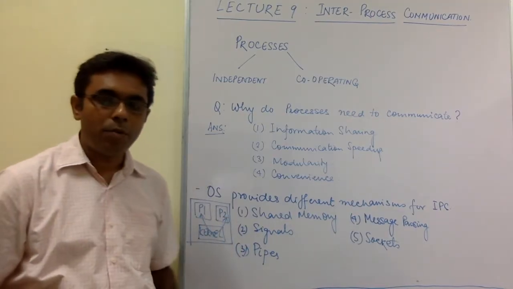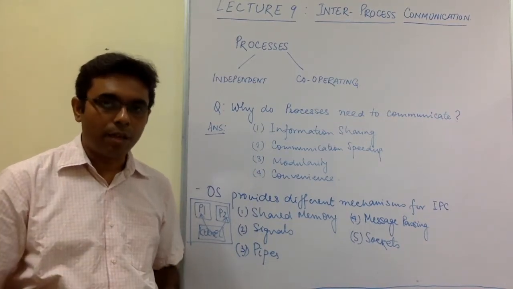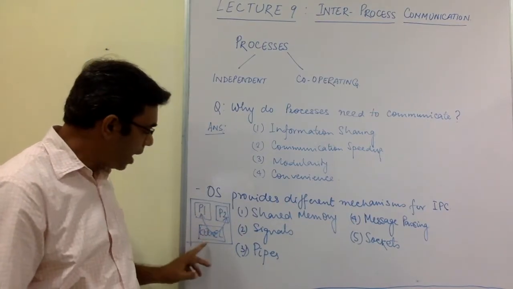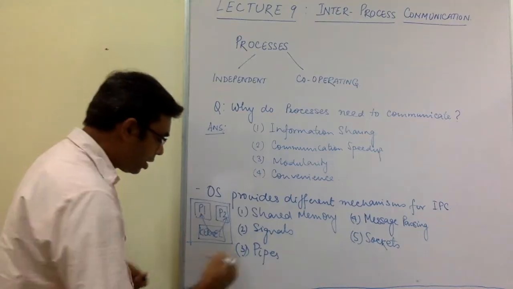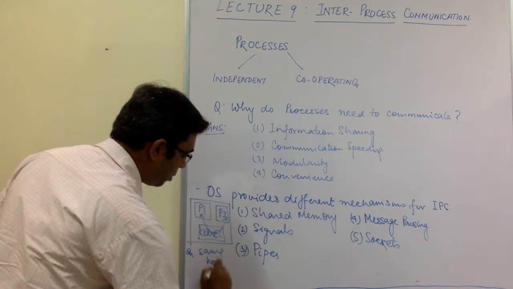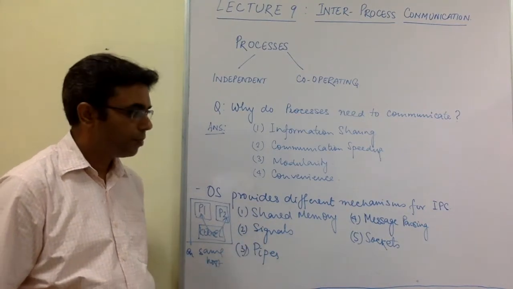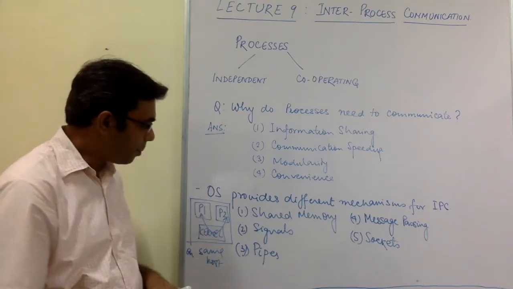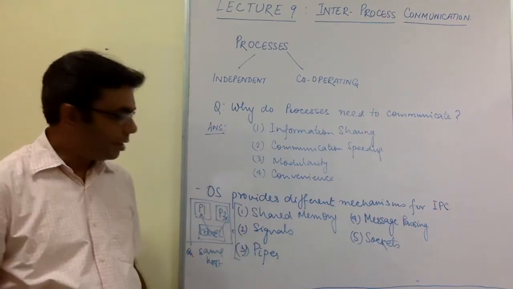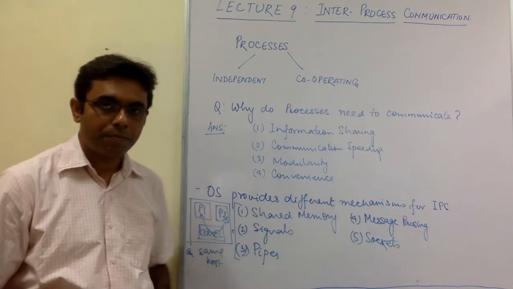So P1 and P2 can communicate among themselves by taking help of the kernel. And if both P1 and P2 lie on the same host, you will see that these are the three techniques that we will be using. So in case you would like IPC, either you will use shared memory, or you will be using signals, or we will be using pipes.